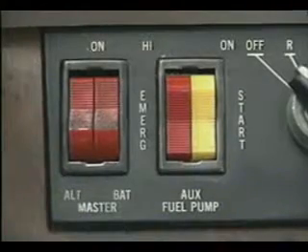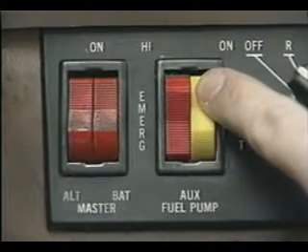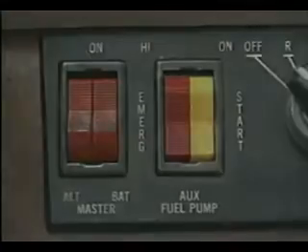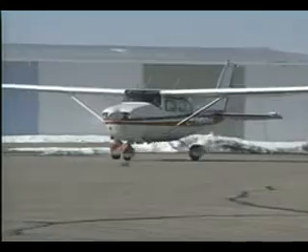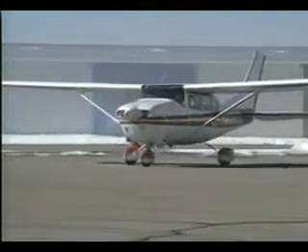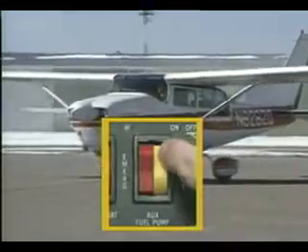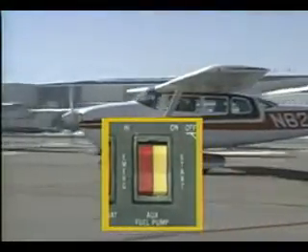Although the specific starting procedure varies, an auxiliary fuel pump is normally used to clear the fuel vapor and reestablish the fuel flow. Fuel vaporization can also occur during ground operations due to inadequate engine cooling, and you might have to use the fuel pump intermittently to purge the vapor lock and prevent fuel starvation.